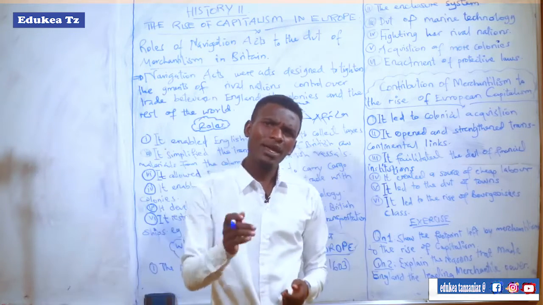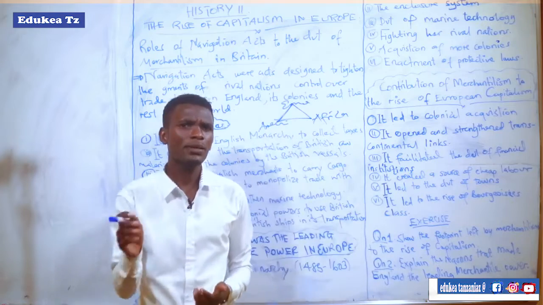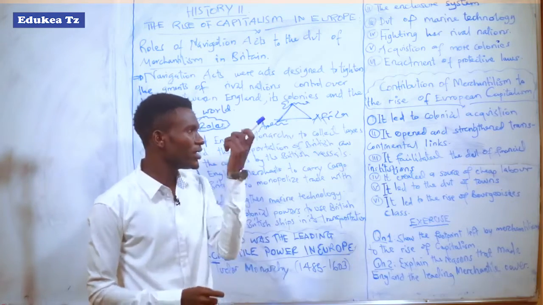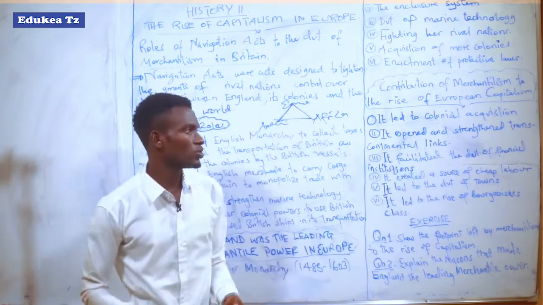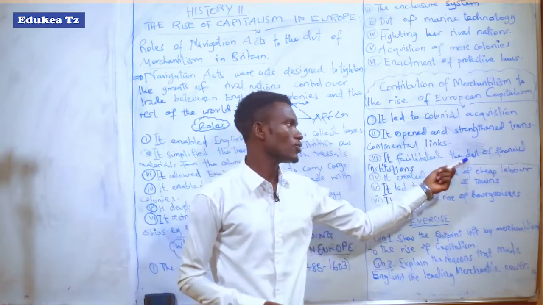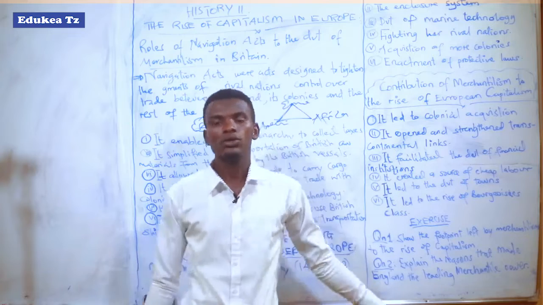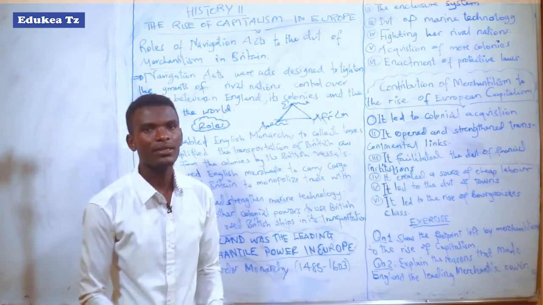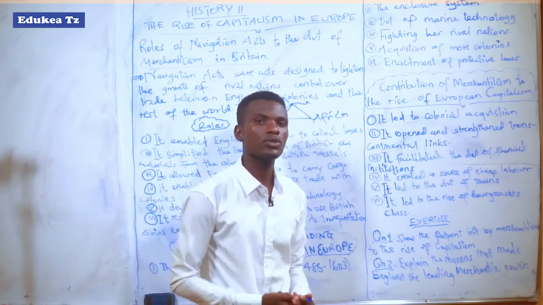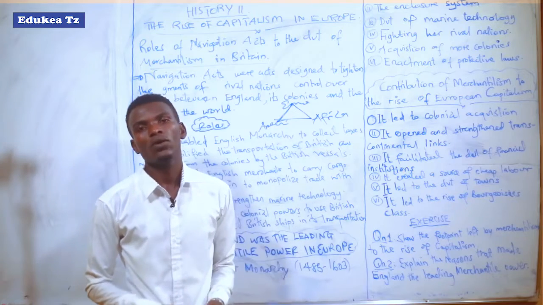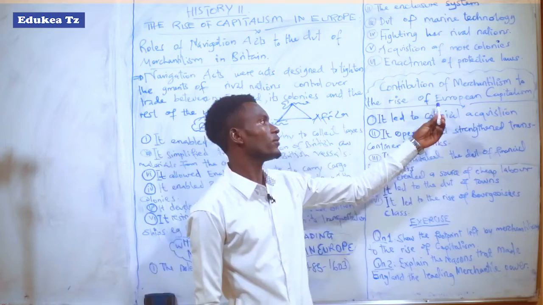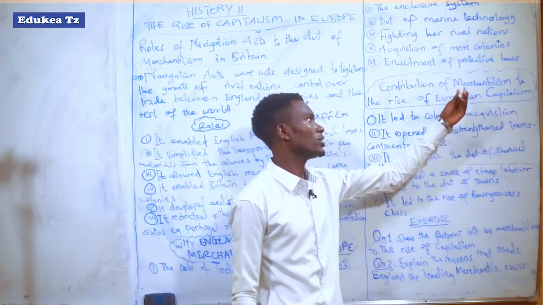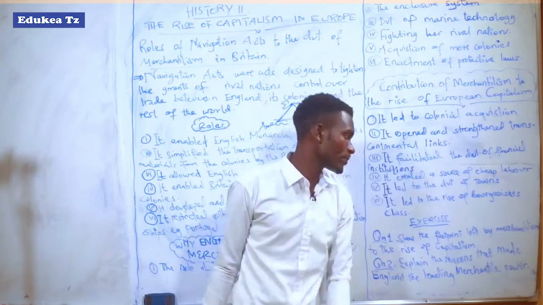There were other banks like Amsterdam Bank and many financial institutions which financed the merchants to practice their economic activities with the aim of maximizing profits. Hence, the rise of European capitalism as contributed by mercantilism.